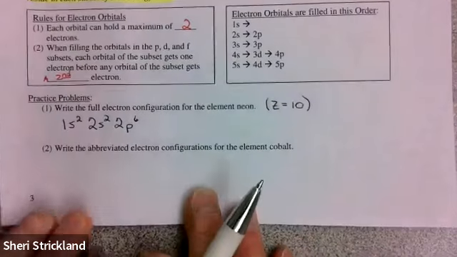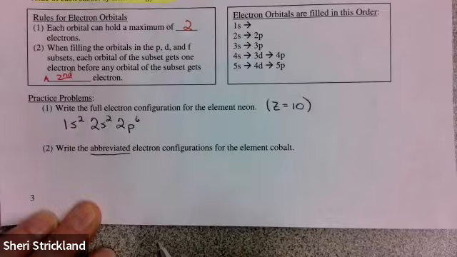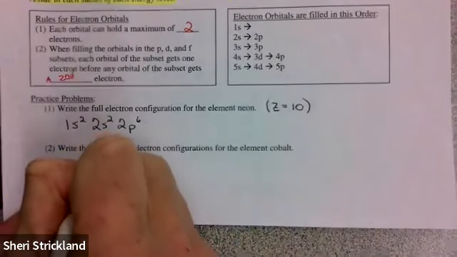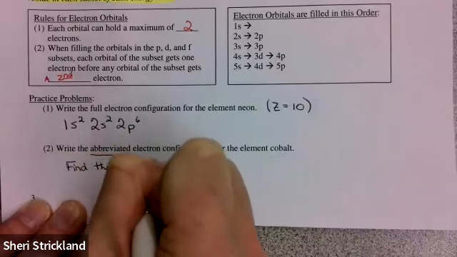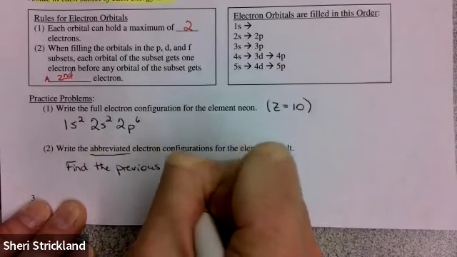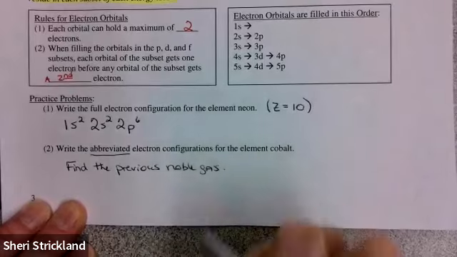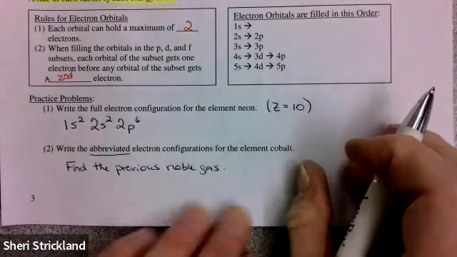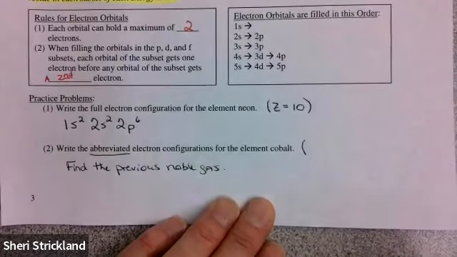Now, as you get more electrons in an atom, you can see that the electron configuration is going to get longer and longer. So there is such a thing as an abbreviated electron configuration. And what you need to do is find the previous noble gas. The noble gases are in the column that is to the far right of the periodic table. So cobalt has an atomic number of 27.